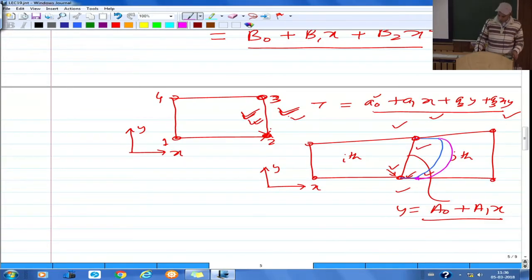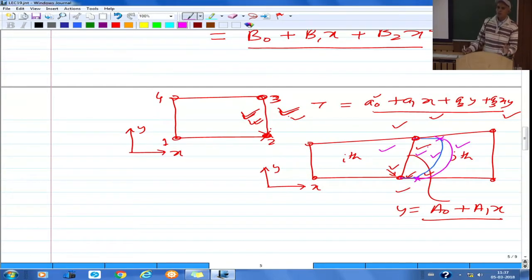So you will have the same temperature value evaluated from the ith or jth elements at these 2 points, but in between, from here to here, one element is giving a different temperature distribution, the second element is giving a different temperature distribution. So along the common edge the temperature predicted from both the elements is not the same. That means the continuity of temperature is not ensured in this formulation.